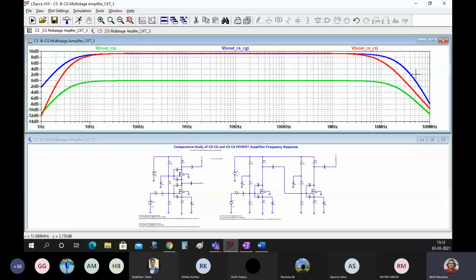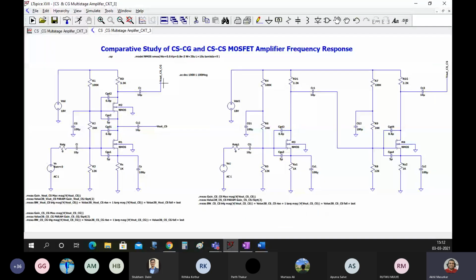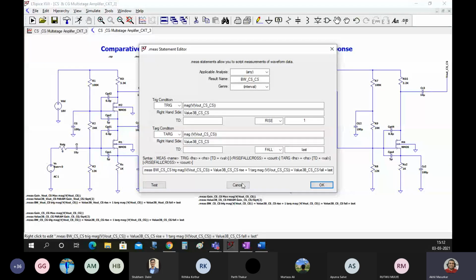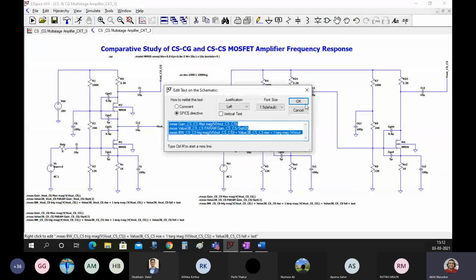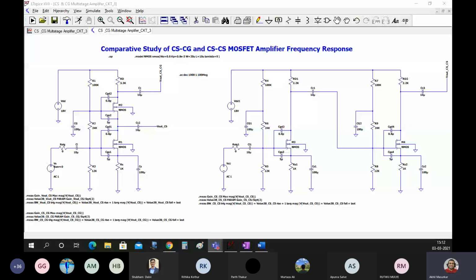So please draw this circuit, and in addition to the measure command that you have plotted, you need to put another measure here. I am just putting it in the chat box.